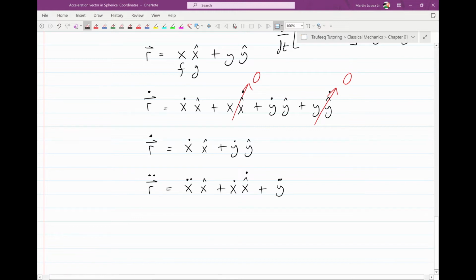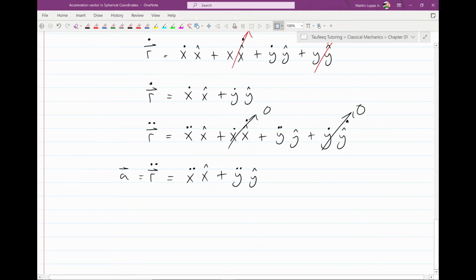Plus y double dot y hat plus y dot y hat dot. And again, these terms go to 0. And finally, we get the second derivative of the position vector, which we wanted because that is equal to the acceleration. You just get that this is the second derivative of x with respect to time, x hat, plus the second derivative of y with respect to time, y hat.